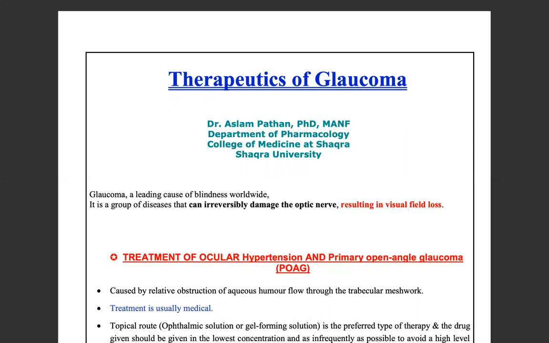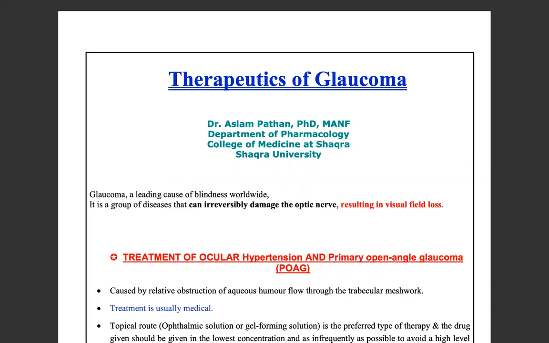We can say hypertension of the eye. There is an increased intraocular pressure, hypertension of the eye, and this intraocular pressure may damage the optic nerve, which may lead to blurred vision and blindness.